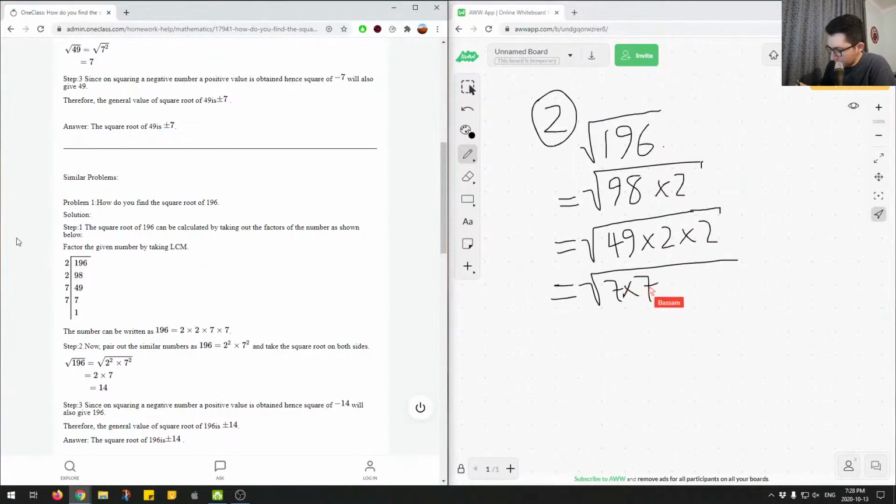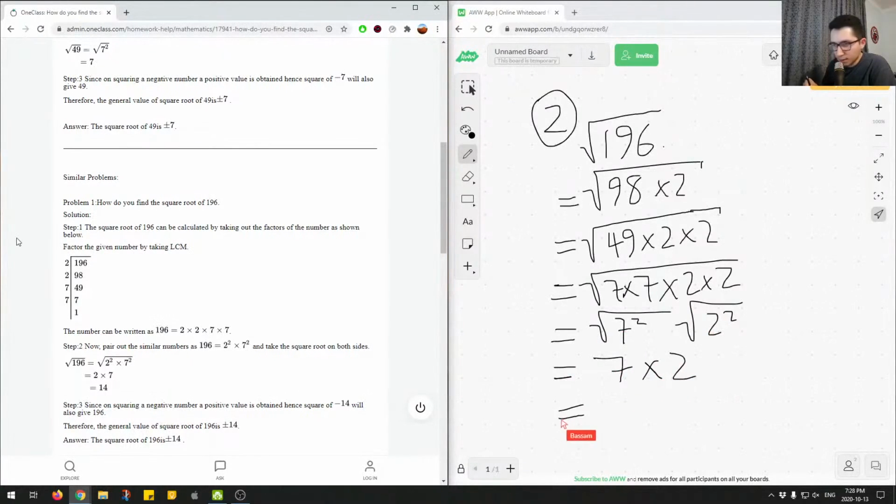Then we have the times 2 times 2. Knowing this, we can split this up into 2 square roots. We have the square root of 7 squared and then the square root of 2 squared. So we end up with 7 times 2, and this is a simplified form that we can use. We know right away that this is 14.